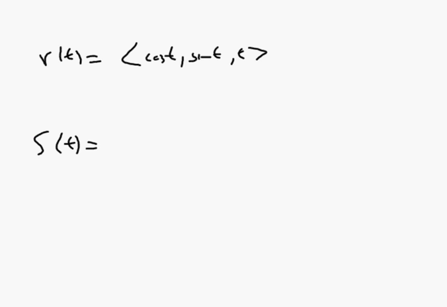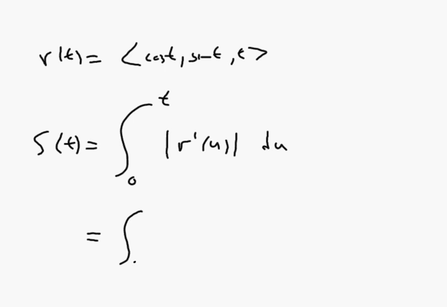Okay. So here we go. r of t equals cosine t, sine t, t. And what we're going to say is we're going to define a function s of t equals the integral from 0 to t of the norm of r prime of u du. Now we don't have to do much work because we already know that the norm of this tangent vector is always rad 2.